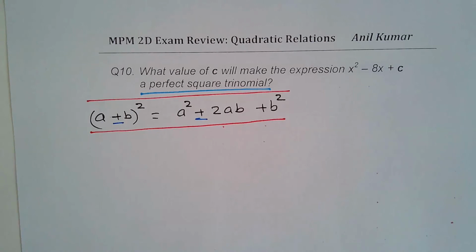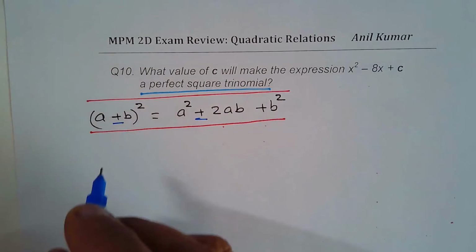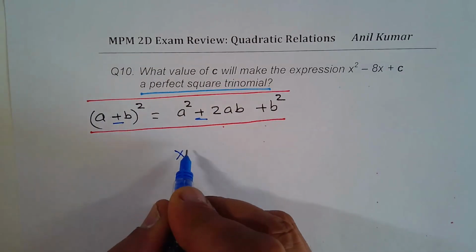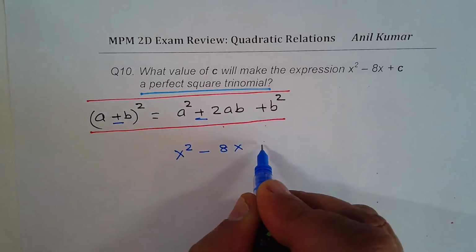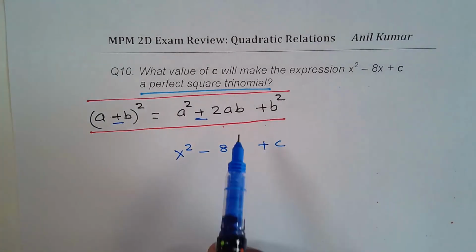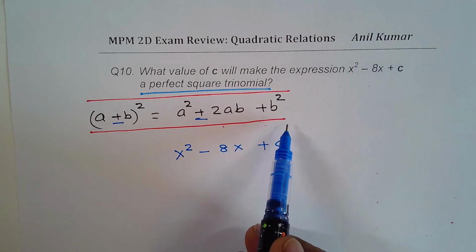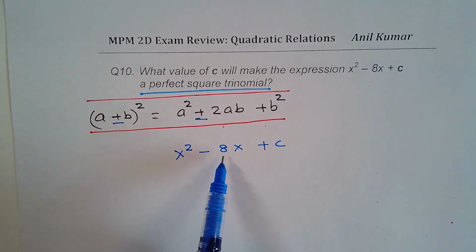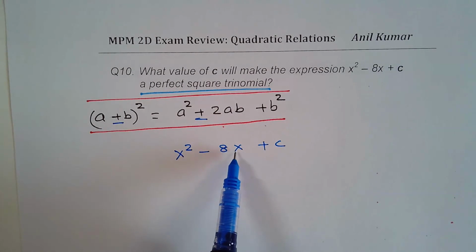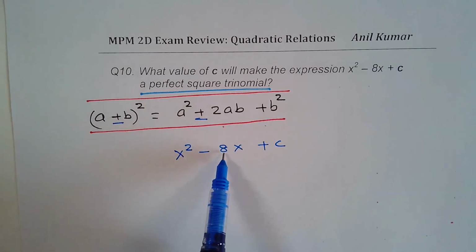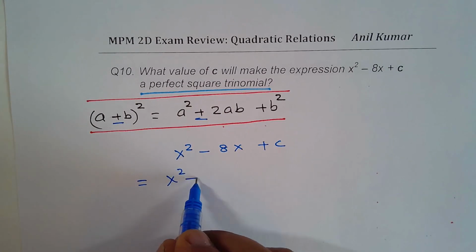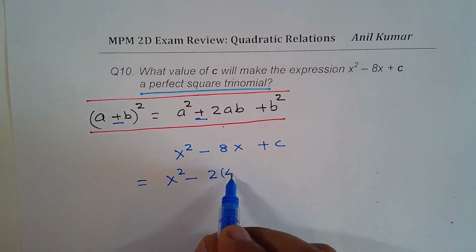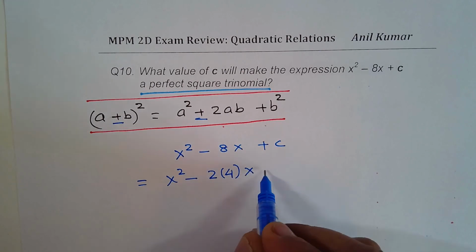In our given expression, we have x squared minus 8x plus c. Now here, in a perfect square trinomial, you notice that the center term should be written as 2 times something. So let me write this as 2 times 4. I could write this trinomial as x squared minus 2 times 4 times x plus c.